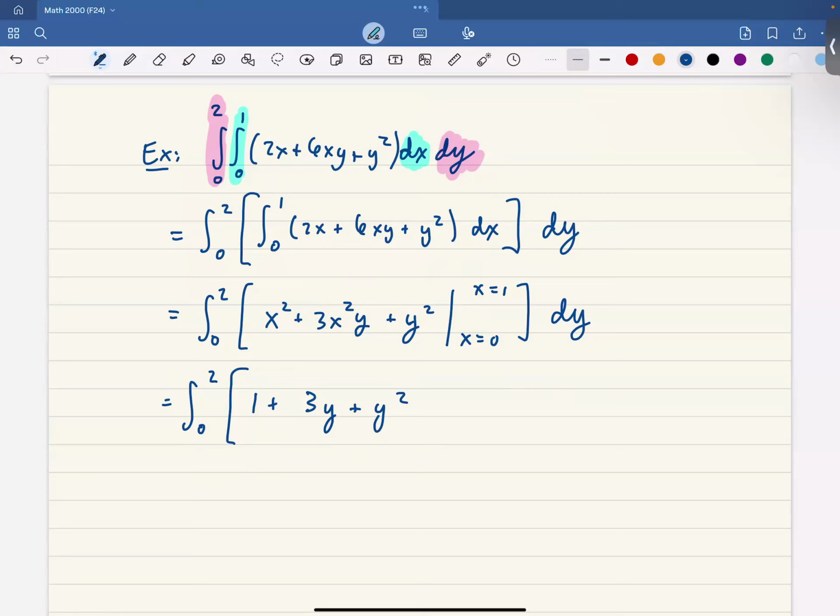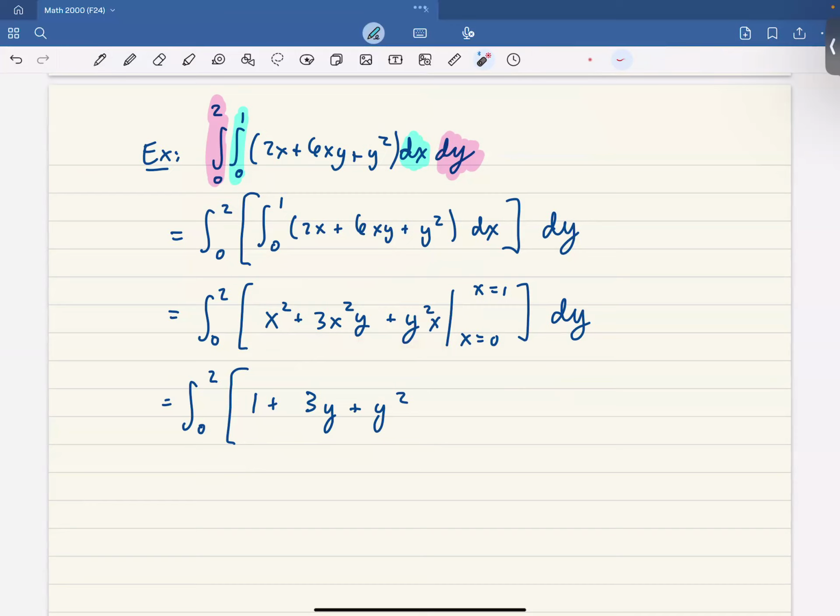And when we plug in x equals 0, we get 0, because this is a polynomial in x. Let me take that back one step here. When we plug in x equals 1, we get 1 plus 3y plus y squared.